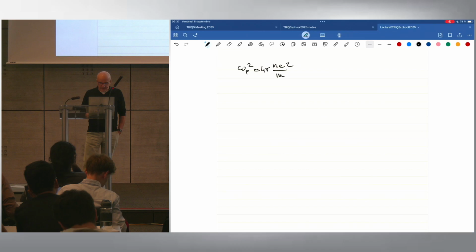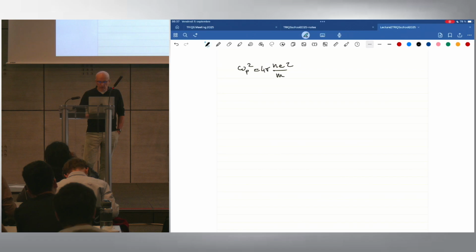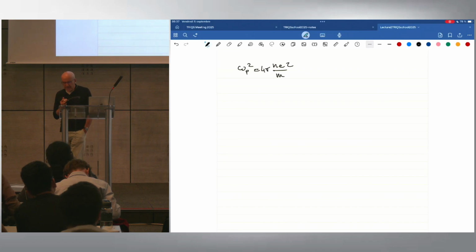And let's try to go a little bit beyond RPA. So everything I described up to now is at the RPA level. So let me ask the following question.